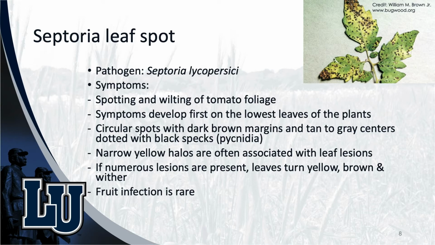And you can see circular spots with dark brown margins and a tan to gray center if you have a magnifying glass. And if you look at these individual spots, you can see a gray spot. And that is an indication of the Septoria leaf spot. That gray spot indicates a reproductive structure of the fungi.